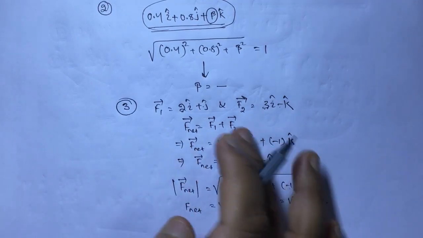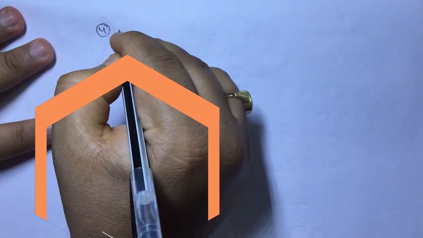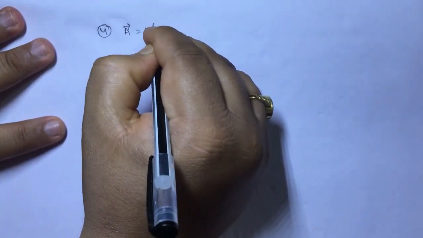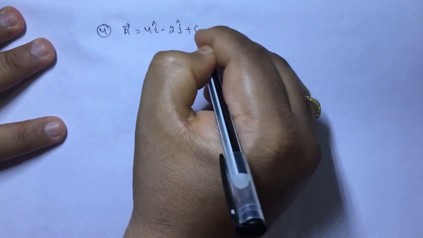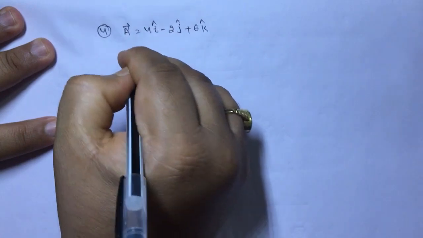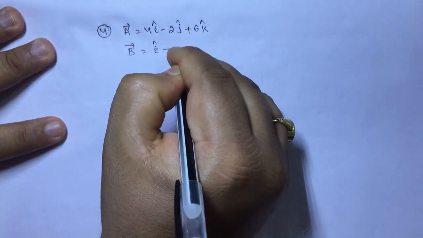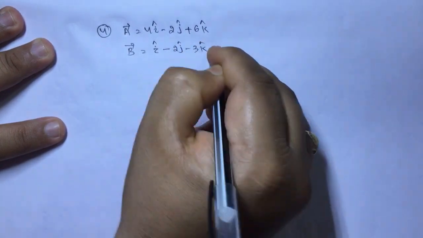Okay, direct question, you just have to do the addition and then find the magnitude of the net vector. Now let us come to the next question. The question says there are two vectors. A vector is given as 4 i cap minus 2 j cap plus 6 k cap, and B vector is given as i cap minus 2 j cap minus 3 k cap.